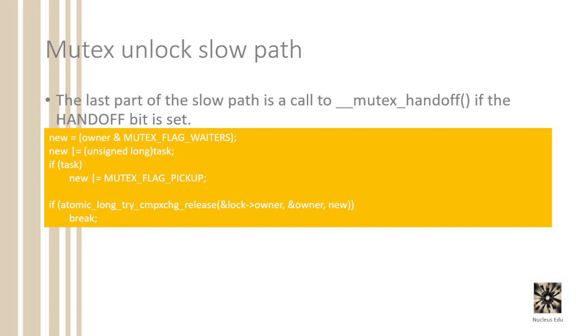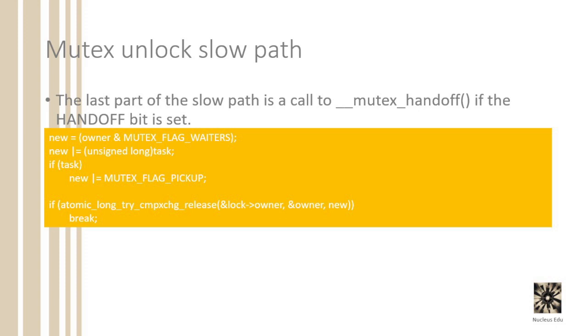And if there is a task, then it's basically going to set a new bit here, which is a pickup bit, and this bit is what's going to signal the waiting task that a mutex has been handed over to it.